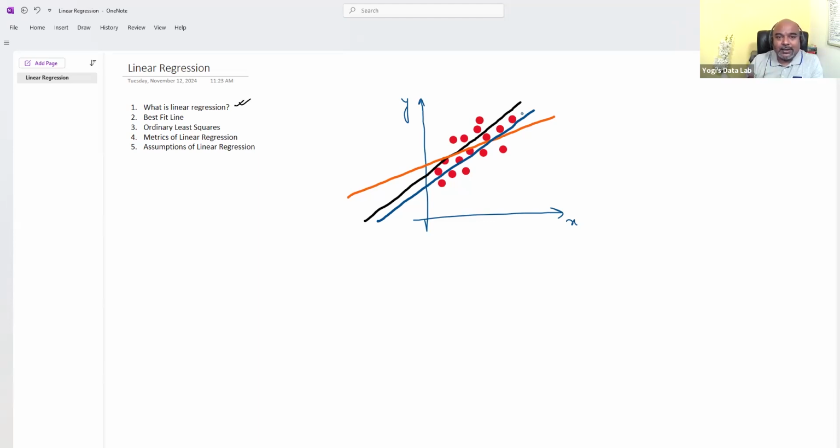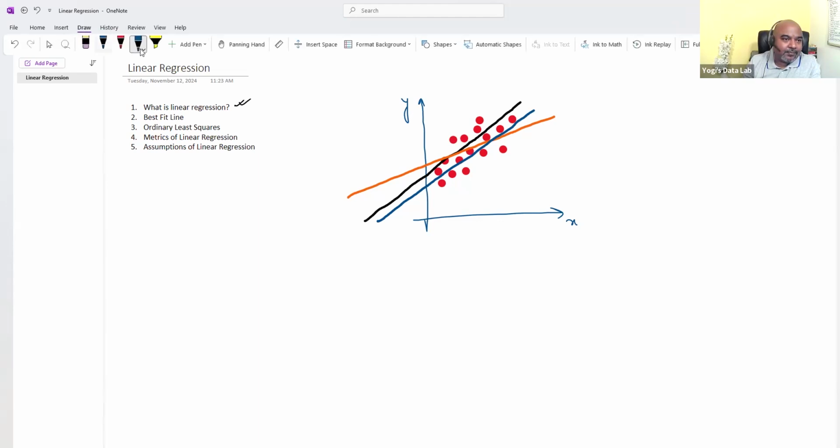So to understand ordinary least square, we need to understand what is a predicted value, what is an error, and how these squares are reduced. So let us take any one of these lines.